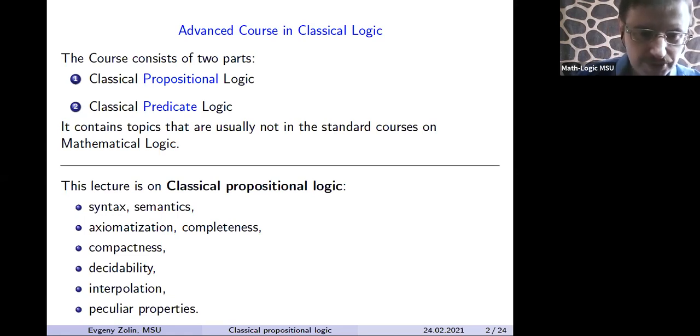We will consider some new stuff like interpolation theorems. There are various different interpolation theorems. And at the very end, I will briefly review some interesting properties that are usually not discussed in courses, but maybe they may be interesting to beginners.